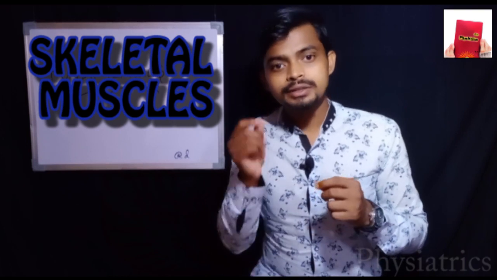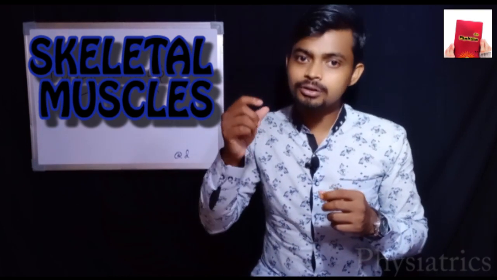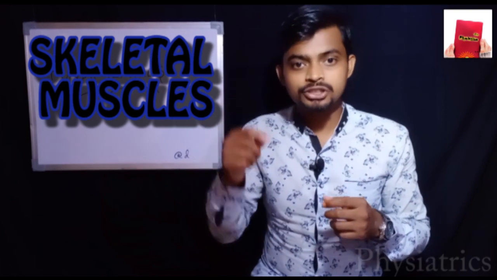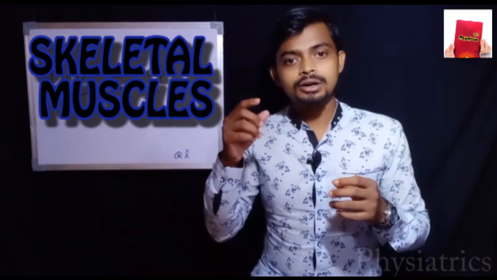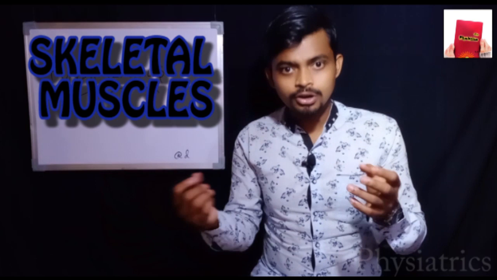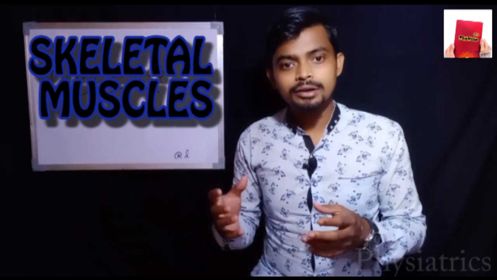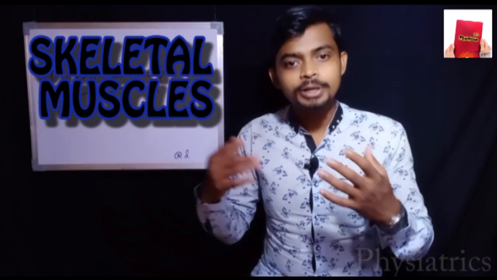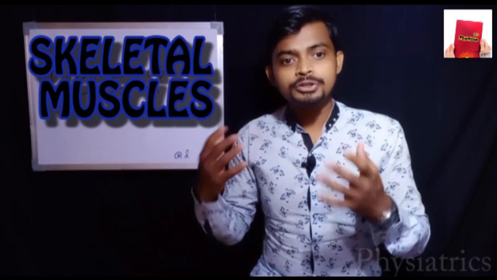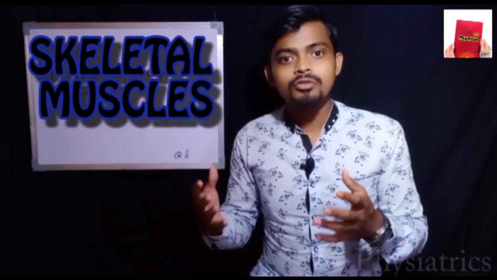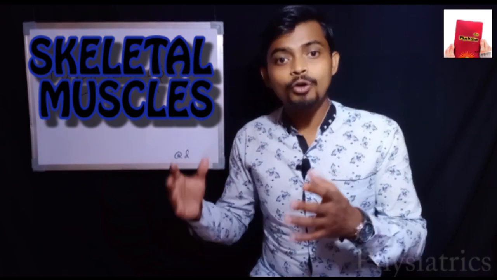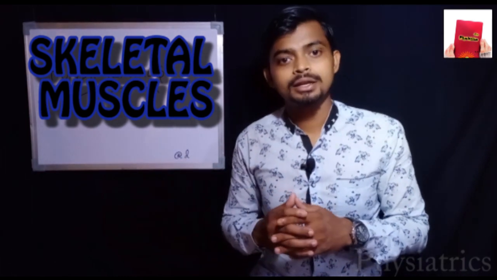A tendon is nothing but the end part of a muscle where the muscle attaches to a bone. The origin and insertion of muscles is across a joint, and the origin and insertion also depend on which muscle is essential for which type of activity and what leverage is required.